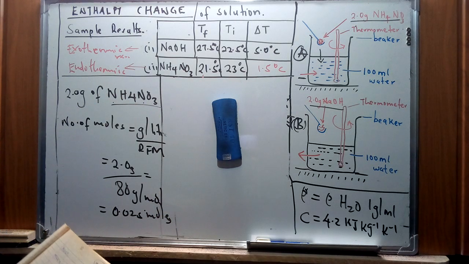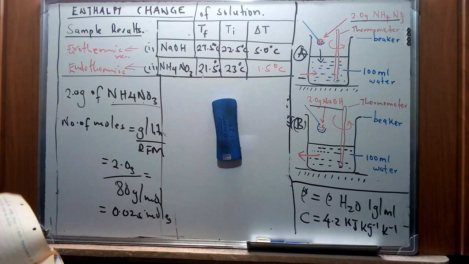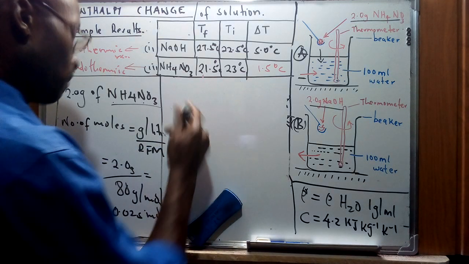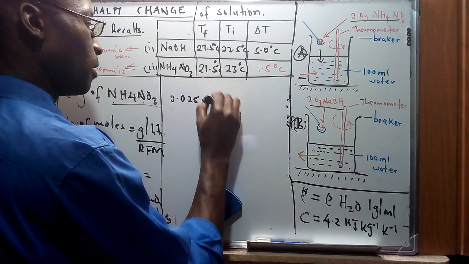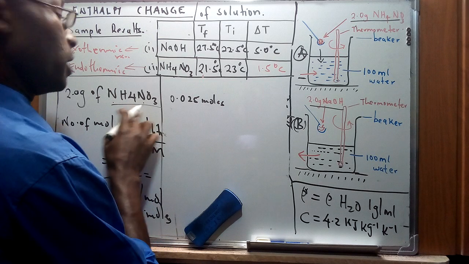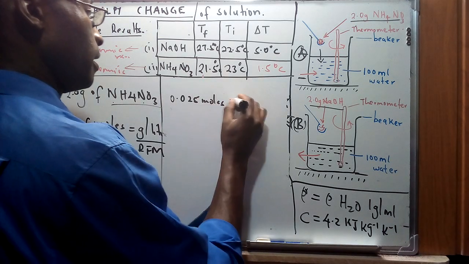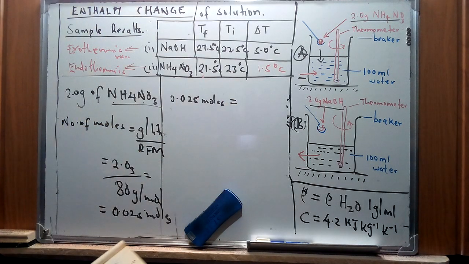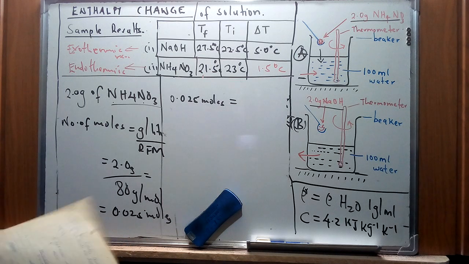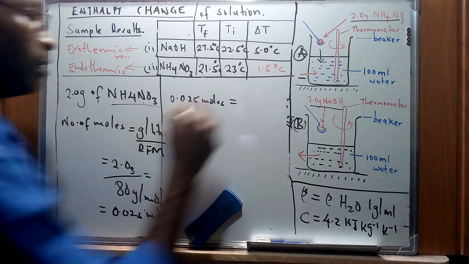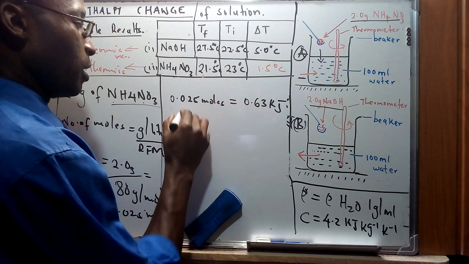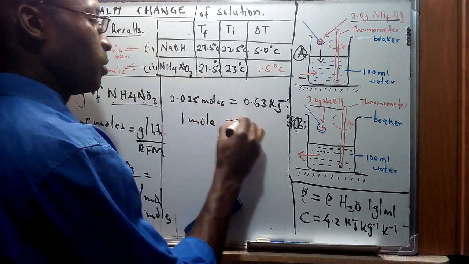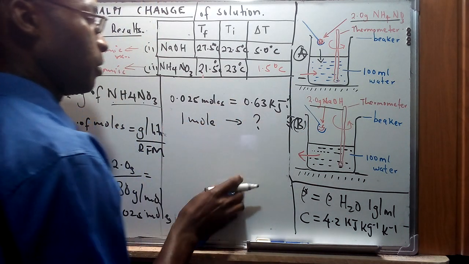And this is contained in this space. So 0.025 moles of ammonium nitrate was able to absorb 0.63 kilojoules of heat. So therefore we can do a comparison and say for 1 mole, so that we can find the heat in kilojoules per mole.